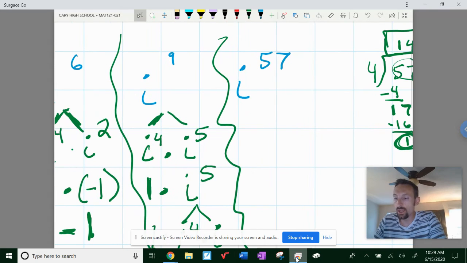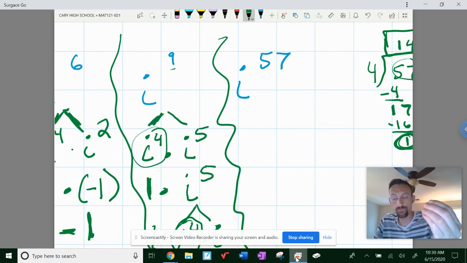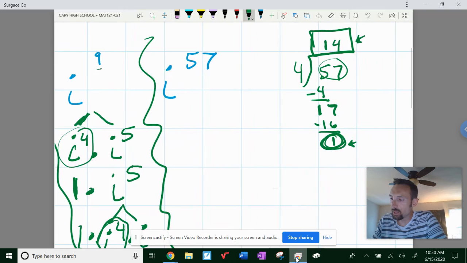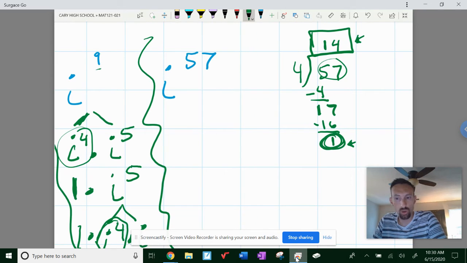So you can see here, the 9 here was broken into 2 i to the 4th. So I had an i to the 4th here and an i to the 4th down here, because 4 goes into 9 2 perfect times, right? And so every time I pull out an i to the 4th, that's just the number 1. And so what I'm doing is basically saying, well, I can pull out 14 of these 1s, right?